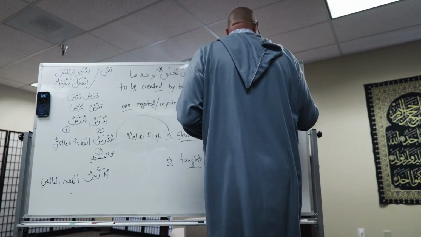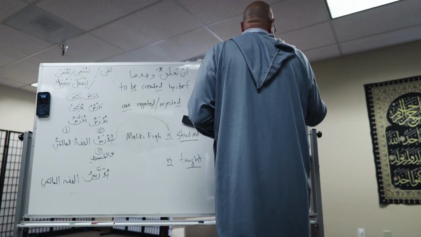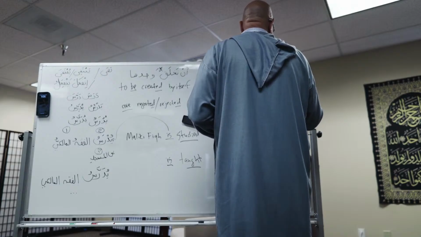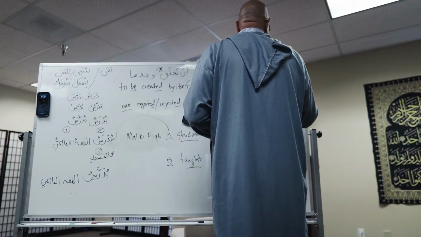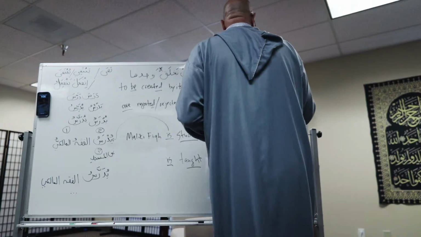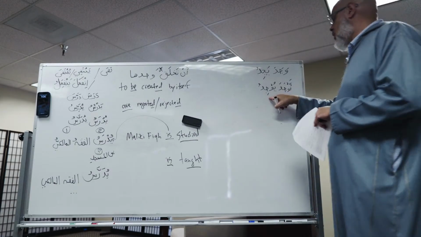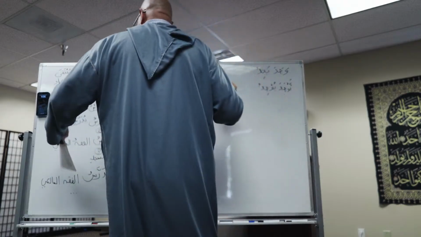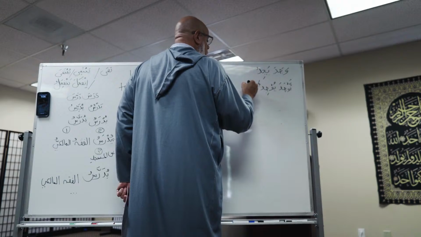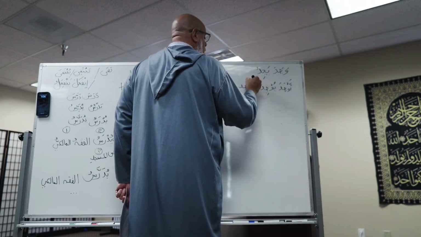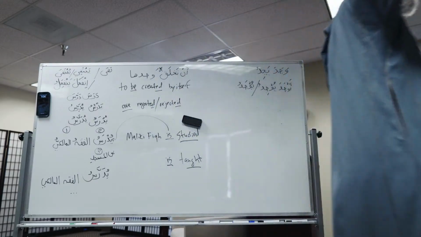And then awjada, yujidu. These are going to be, right, awjada, yujidu. This is the passive. Just like our example before, we want to make it passive, by changing that kasra to the fatha.